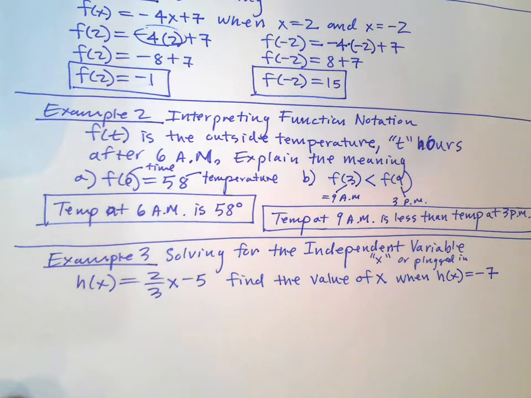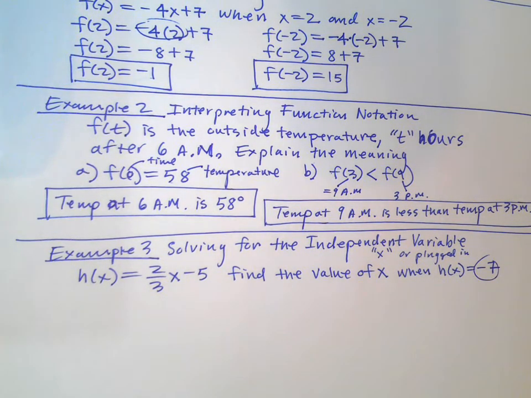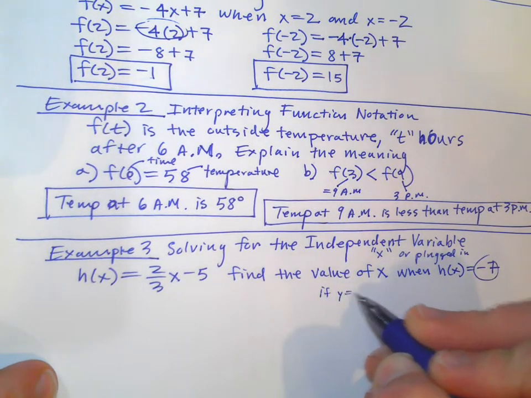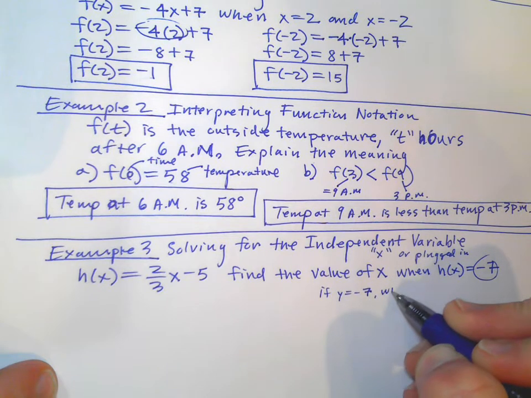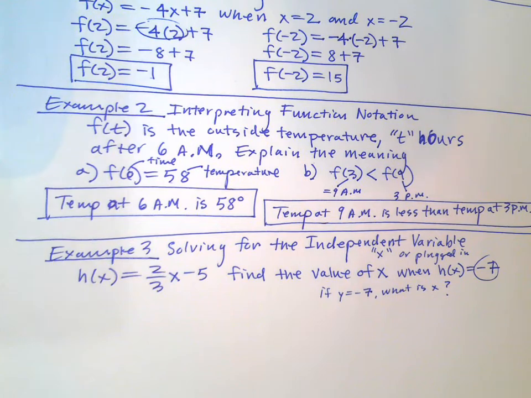So this is like they're giving you the answer, and they want you to figure out what to put in to get that answer, right? So this is kind of saying like if y equals -7, what is x? So we're trying to go backwards.